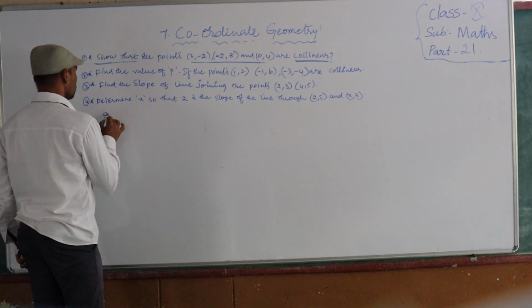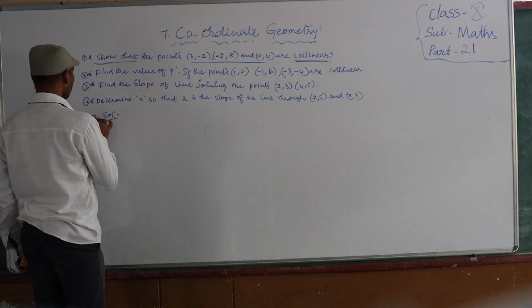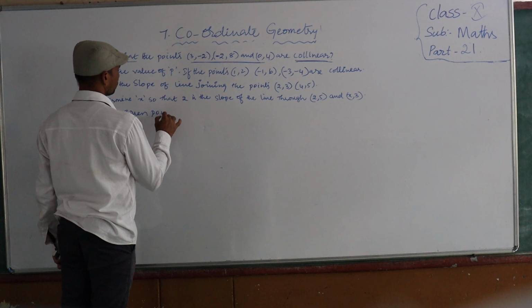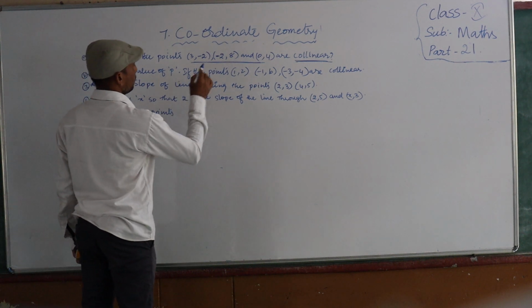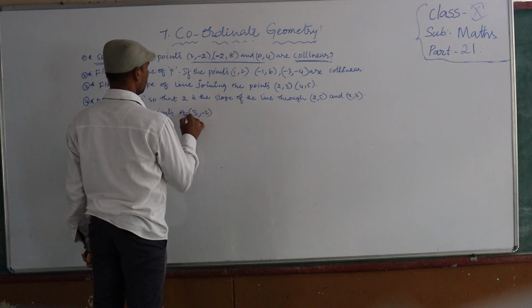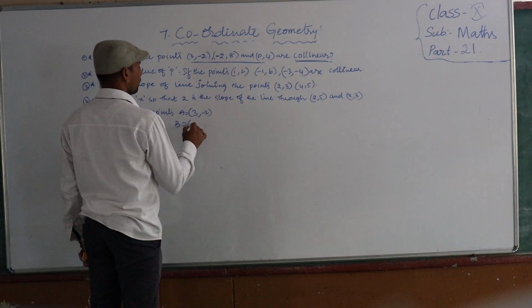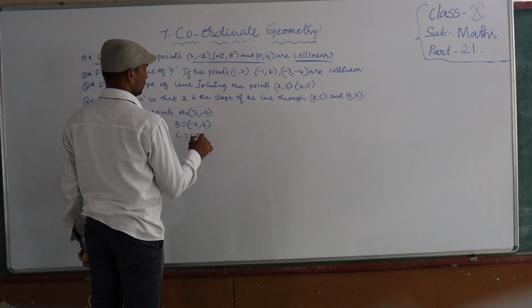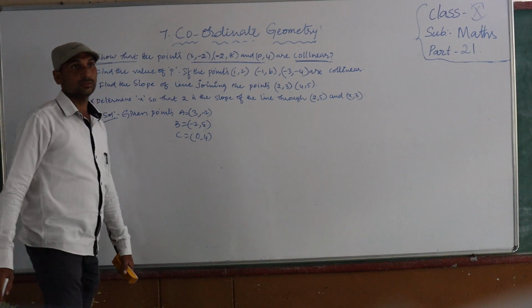Right, so solution. First one, given points. What is A? (3, -2), B (-2, 8), C (0, 4).